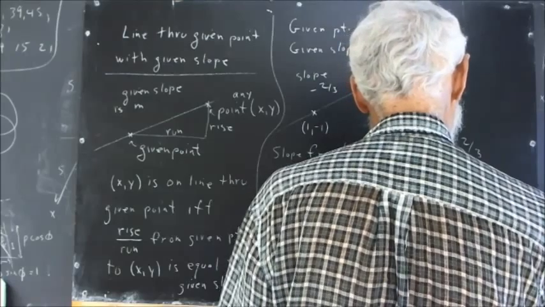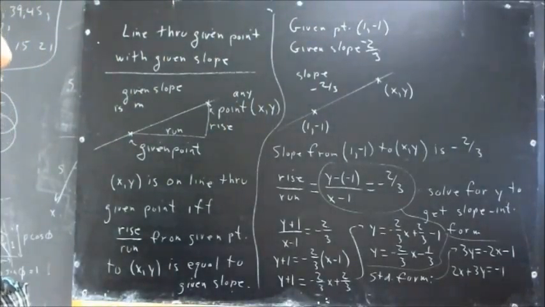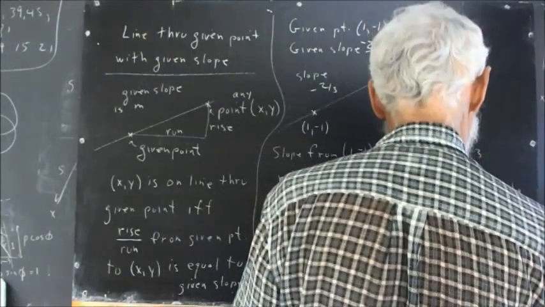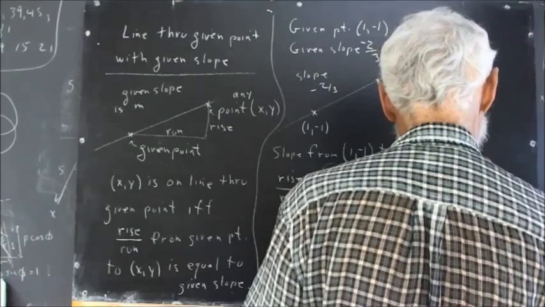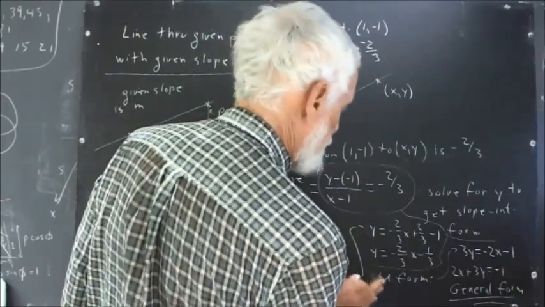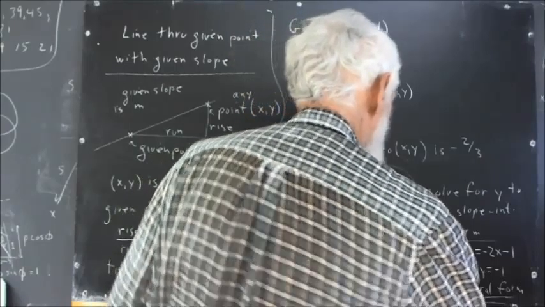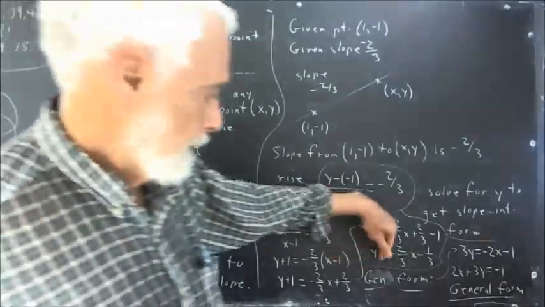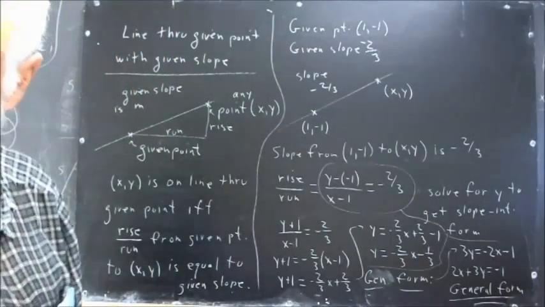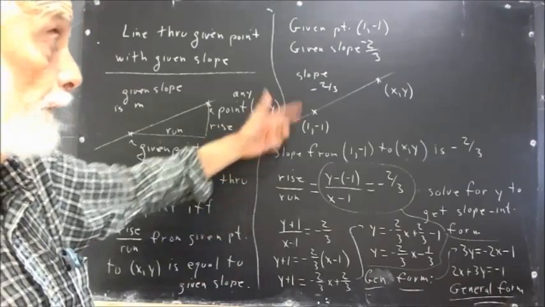We get 2x plus 3y equals negative 1. And this is a general form. Now I use the word standard here. I should have said general form. Got my terminology mixed around a little bit, but here's the general form of the same equation. Here's the slope-intercept form, and we could also put the thing in point-slope form, which would be rather easy given this situation.